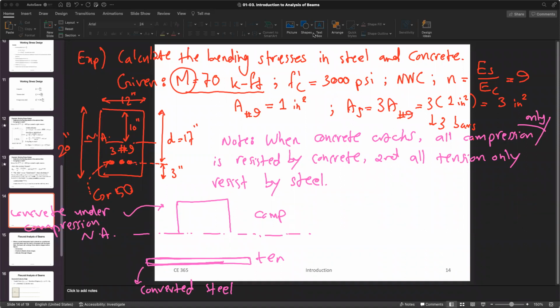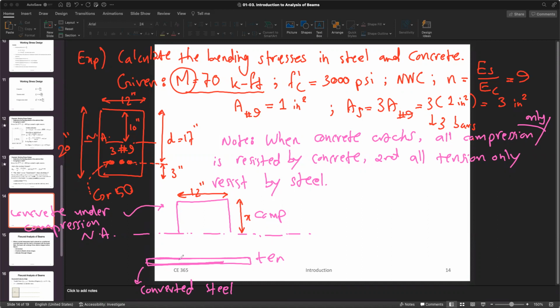So what are the dimensions I'm dealing with? This dimension is 12 inches. This height you do not know at this point. We are trying to find the location of the neutral axis. I'm going to call that x.